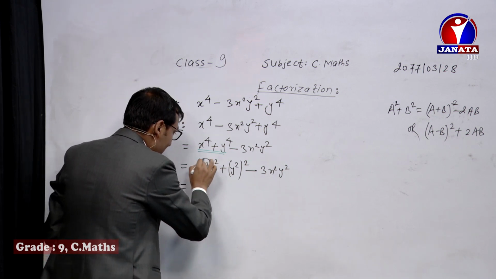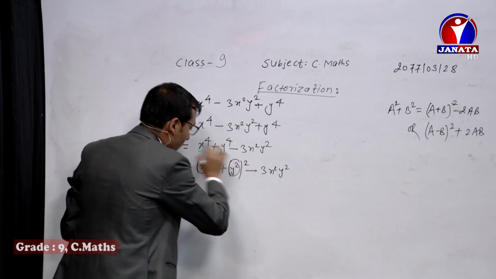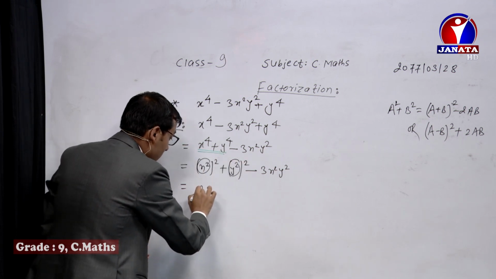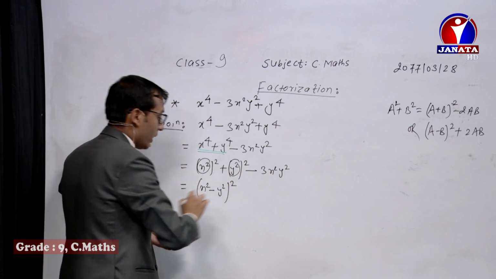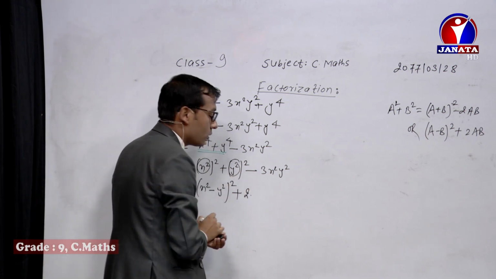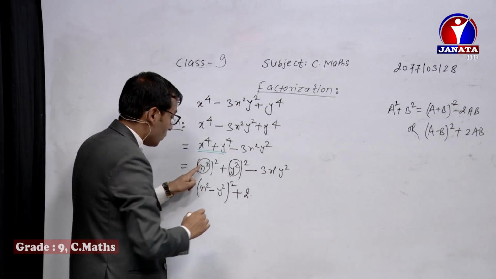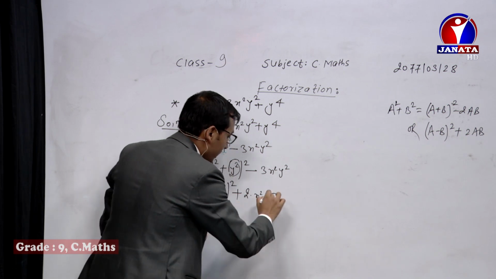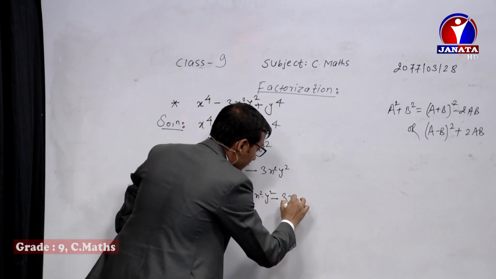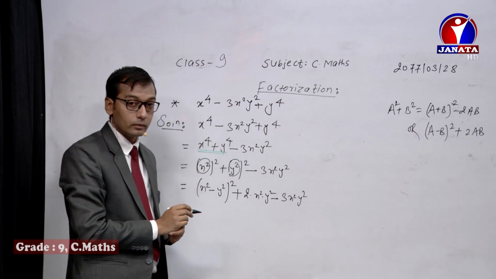So the second expanded form is a minus b whole square. So what is a? X square. And what is b? Y square. So a minus b, x square minus y square, a minus b whole square plus 2 times ab. What is a? X square. What is b? Y square. Minus 3 times x square y square.